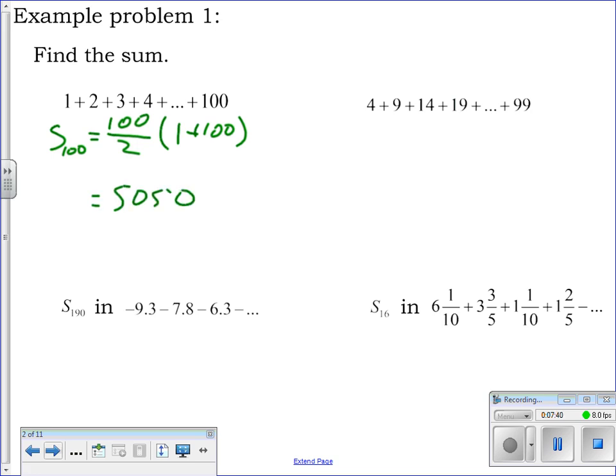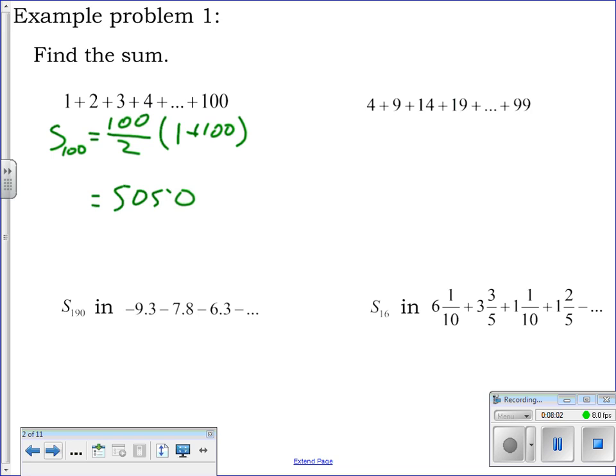That's what you get. Okay? So, in order to add a sequence together, a series together, I need 3 things. I need the first number, I need the last number, and I need to know how many there are.